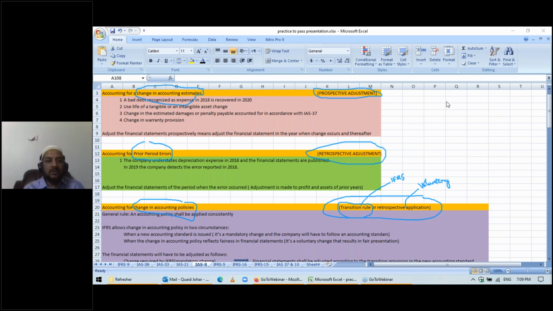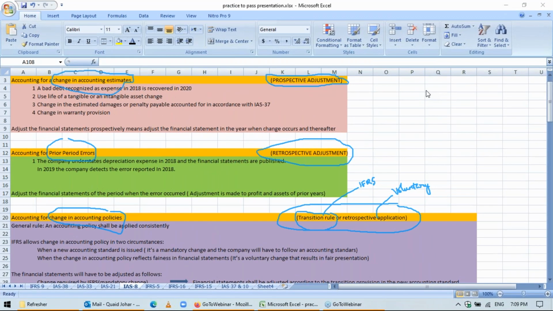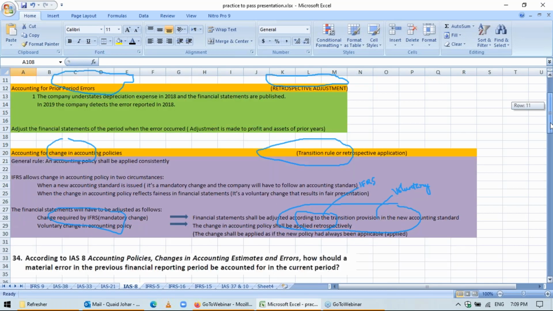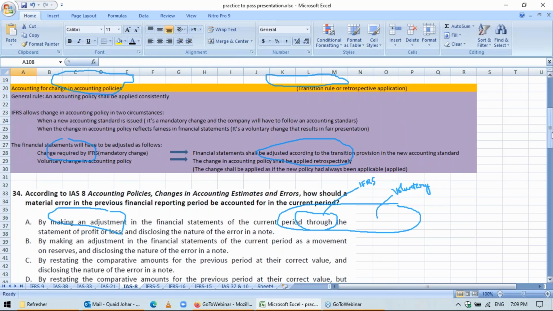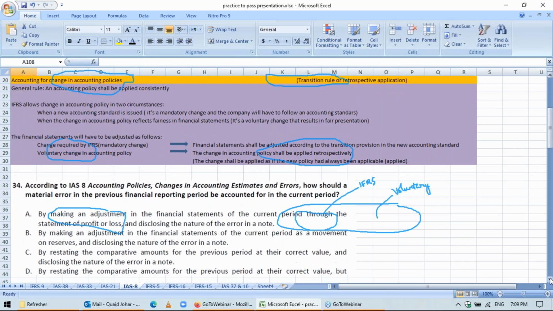So let's start with the questions on IAS 8 now. So please read the first question now, students. Please read the first question. This is question number 34 on IAS 8.